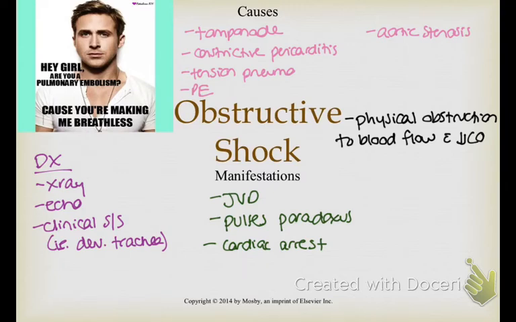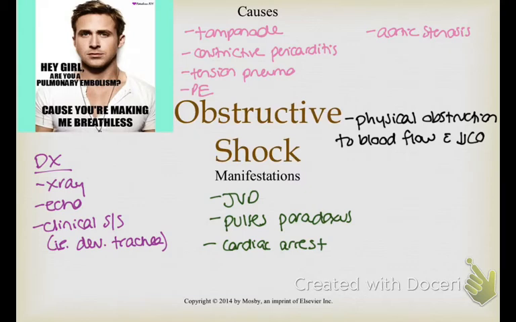Deviated, that's an obstruction still, because with a tension pneumo the lung collapses, right? And you have all that positive pressure inside the chest, and all that positive pressure pushes up against the other side. Normally it's right to left.